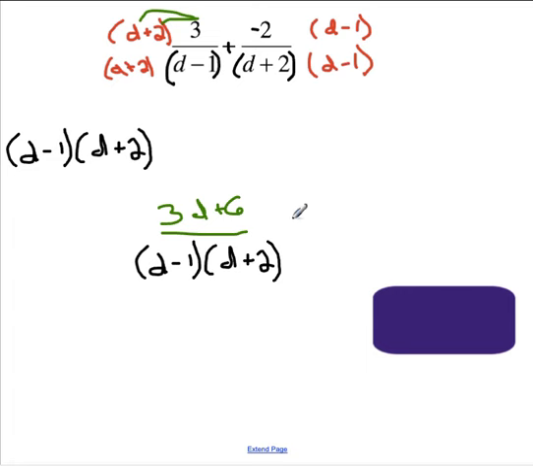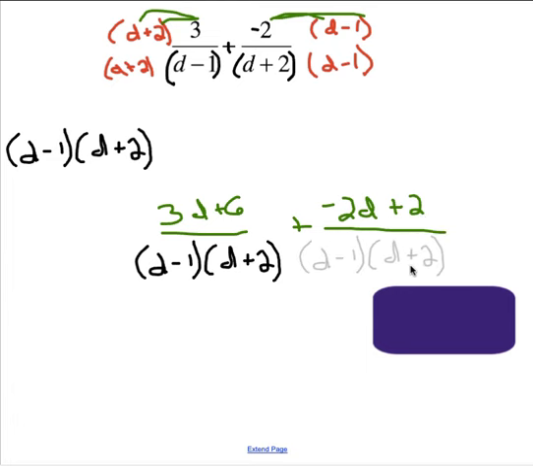In the other fraction, I distribute the -2. I get -2d plus 2 over my common denominator, d minus 1 times d plus 2.